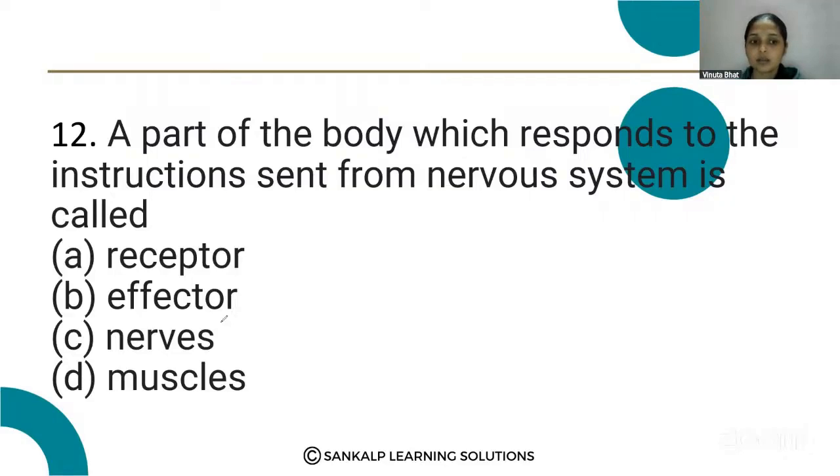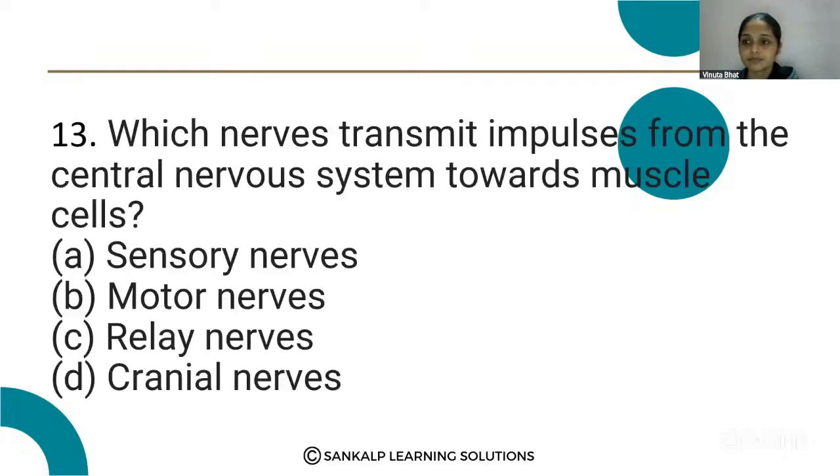It is called as the muscles. So receptor receives the information, and the effector. So effector is the muscles, which is able to respond to the information sent by the nervous system. So effector is the correct answer.